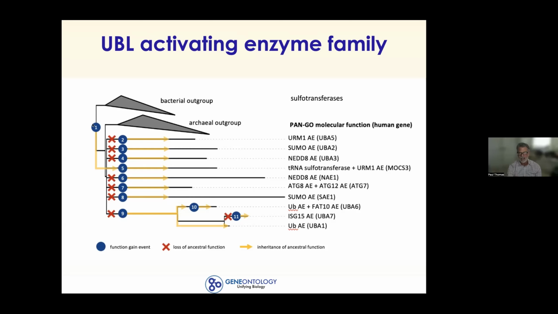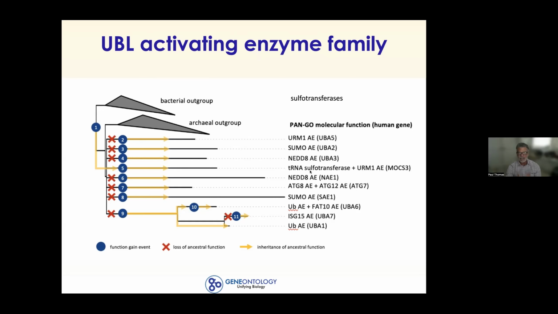Ancestrally, this family appears to have been just sulfotransferases, and the model is based on our observations today. We have GO annotations saying that a lot of bacterial sequences are sulfotransferases. That's all we find among the bacterial members of this family. The archaea, not surprisingly, are completely unannotated functionally. But we have annotations in the eukaryotes, and there's one clade of eukaryotes that's still a sulfotransferase.